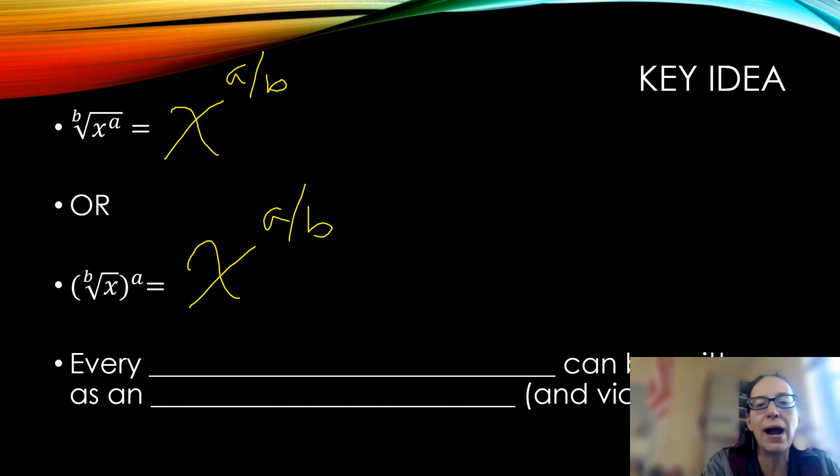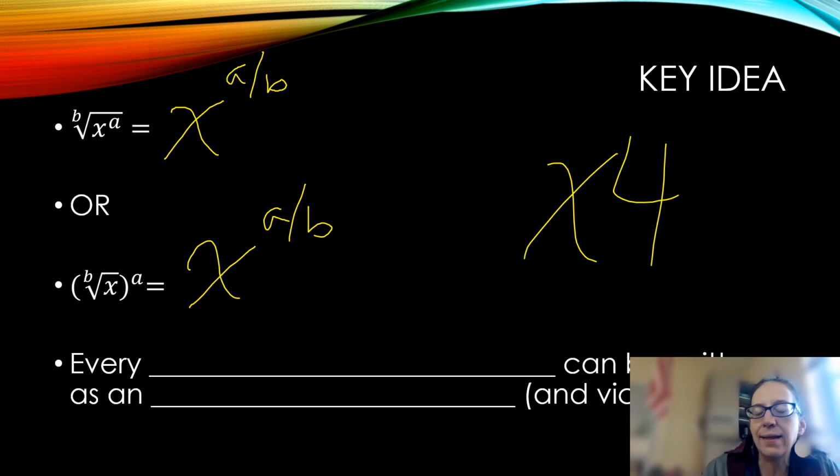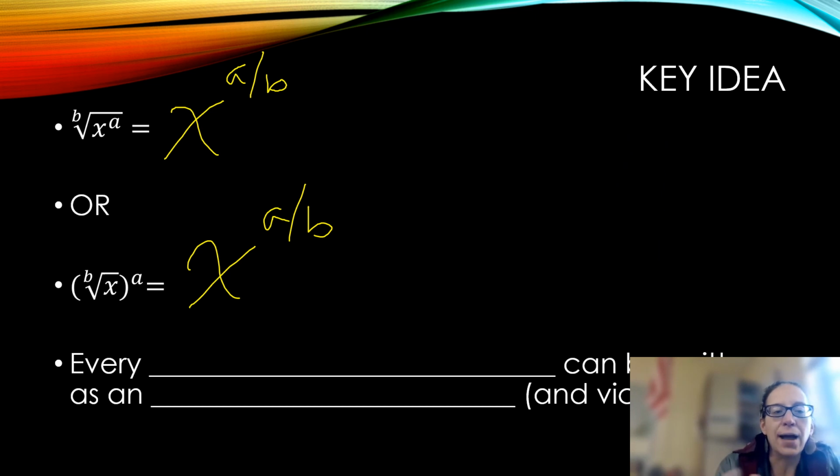You can't write an exponent like that. That's not what an exponent looks like. And then all of a sudden, here I am telling you, oh, by the way, kiddos, it doesn't matter where the a is. You can put the a on the inside, you can put the a on the outside. Doesn't matter. It's all the same. That should kind of bug you a bit because that goes against the things you've been told about how math works.